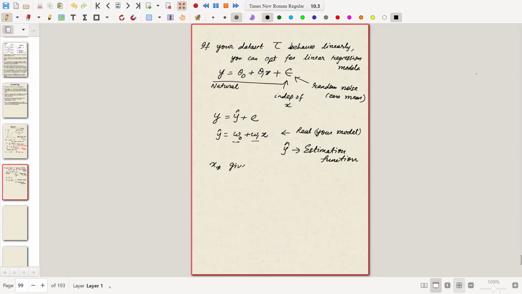Our job is to find what is y hat of x star, the predicted value. Everyone understood this? X star is being given. Y hat is the estimation function which will give us the best fit, and I am feeding x star to that estimation function. What will be the output? I will get the dependent variable as the output, and that is y hat of x star.